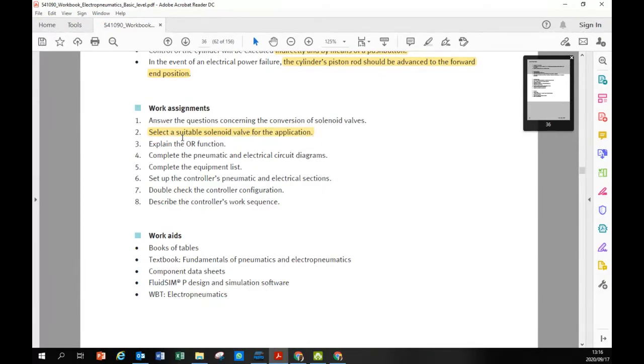Since we have done PLCs, who can tell us what an OR function is? How is the OR function being actuated? Who can tell us with just a simple explanation? And when you don't have an OR, what do you have? Can somebody answer that question?